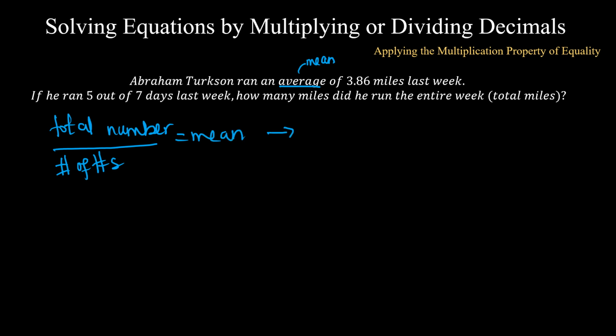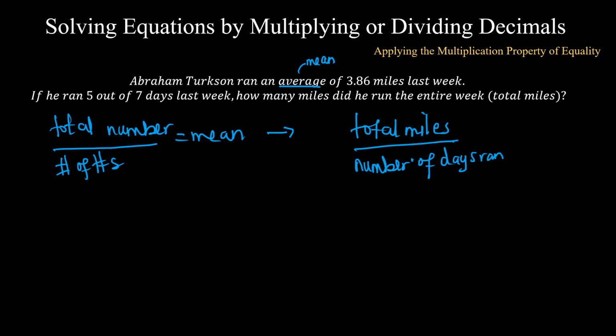We know that we're talking about running. So the total number is going to be our total miles for the week. And then our number of numbers is going to be the number of days ran. And then that's going to be equal to our average or our mean.